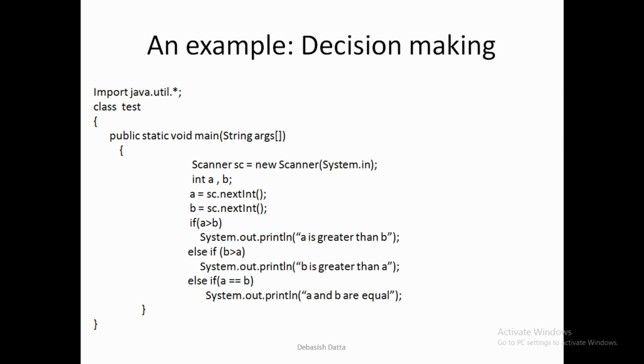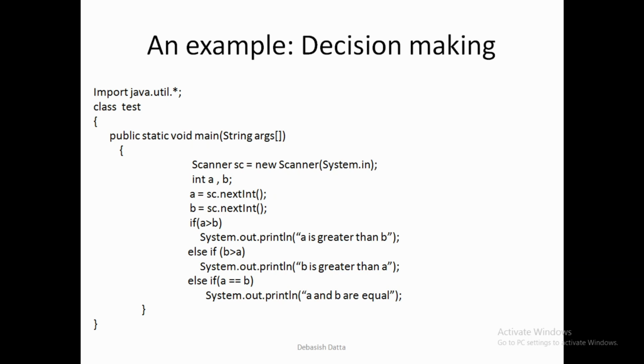As it is false, the computer will jump into this section to check whether B is greater than A, and what it comes out to be is true. B is indeed greater than A, as B is 20 and A is 10.